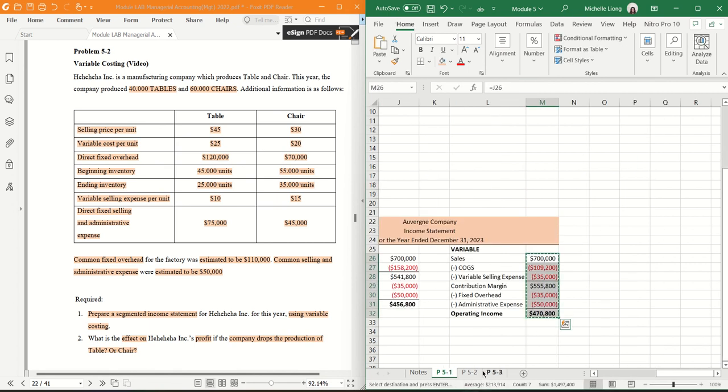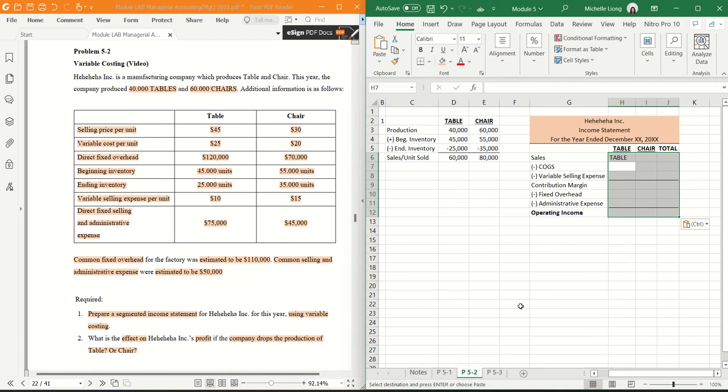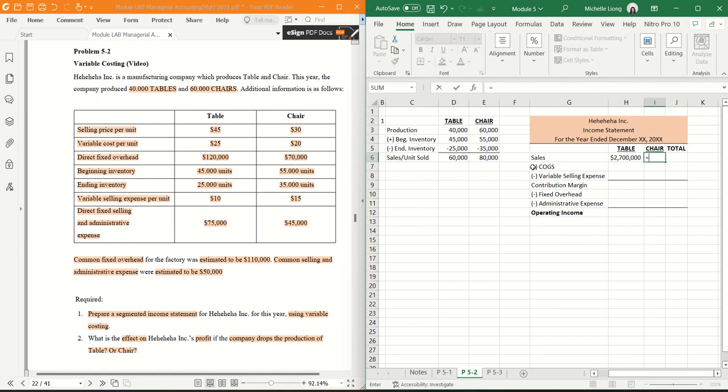For chair, it's 80,000 times $30. For the total, just add both of them.